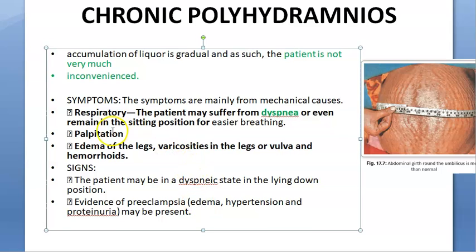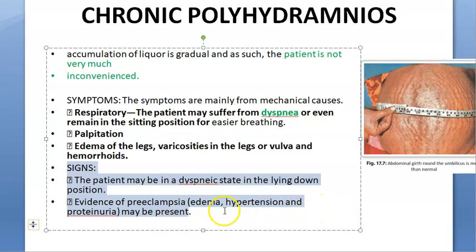And she will have palpitations, edema of the legs. She's having fluid retention. Varicosities in the leg or vulva, and hemorrhoids. Okay, so varicose veins, right? Hemorrhoids, again, is veins around your anus. So basically it is the pressure that it is putting on the whole body.